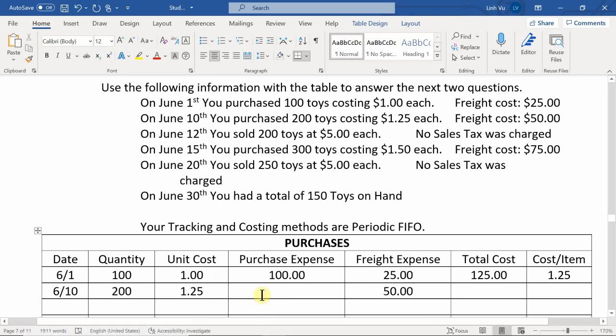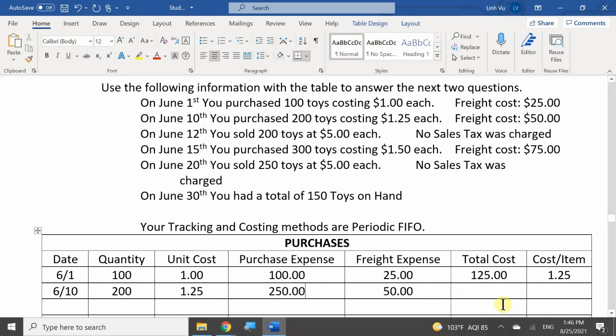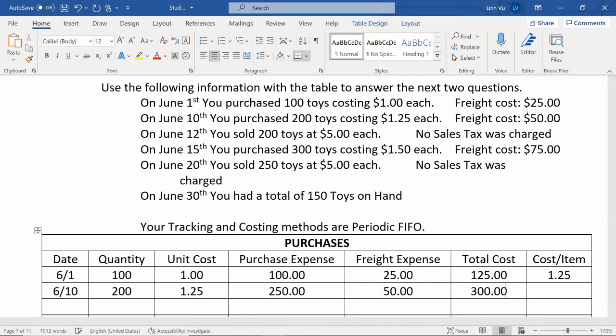What is my total purchases here? $250. $250 plus 50 gives me a total cost of 300, which then brings my cost per item to be $1.50.